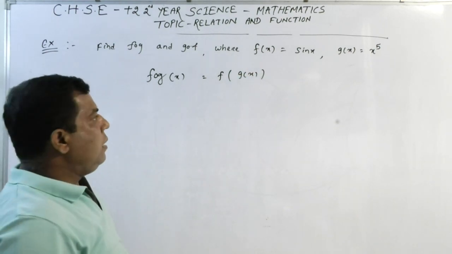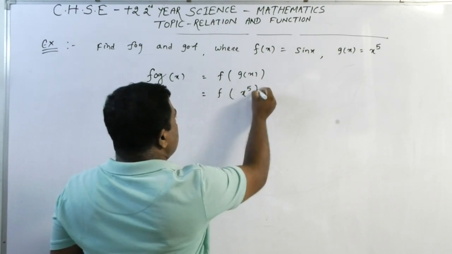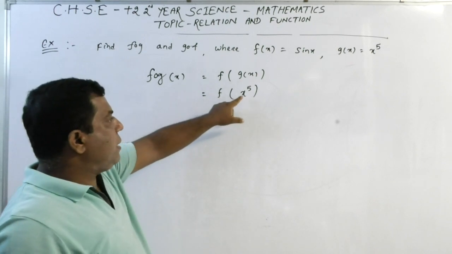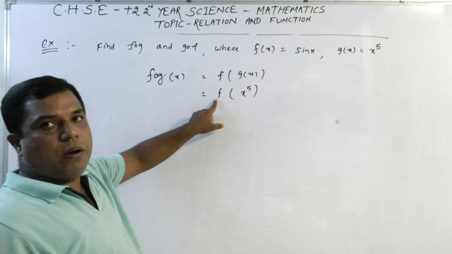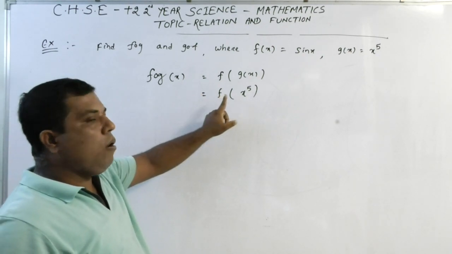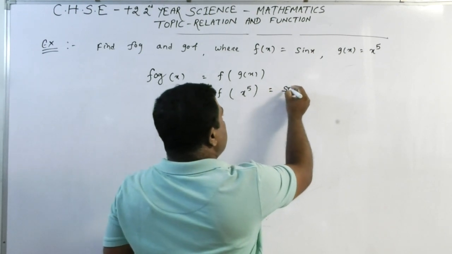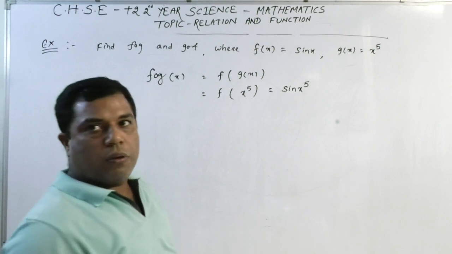Clear? Now it is f of, what is g of x? It is x to the power 5. Now if x to the power 5 is there, and the function f is applied on it, what is the conversion? It can be converted as sin of x to the power 5.